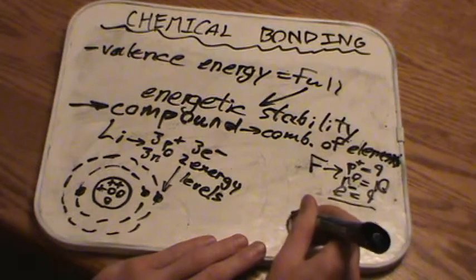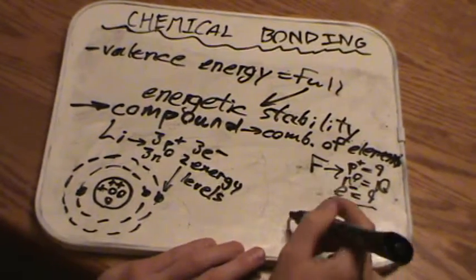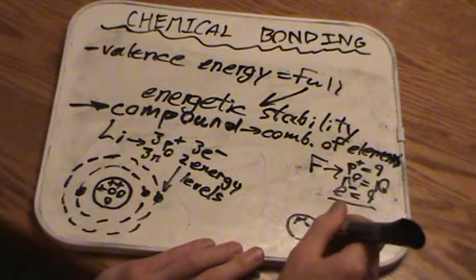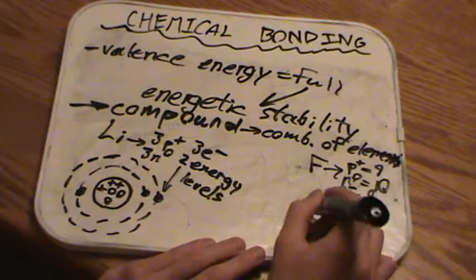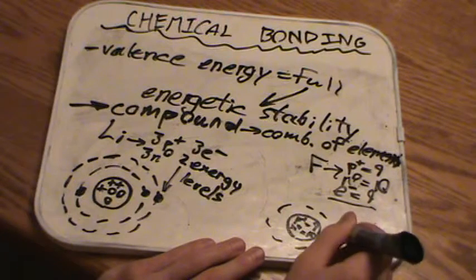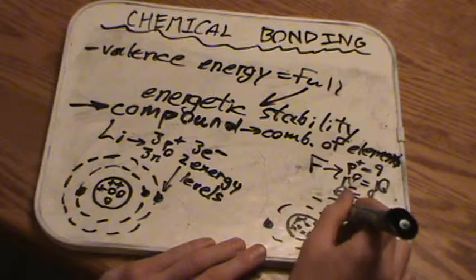atoms or elements. So this is the nucleus. We have our protons equal 9, our neutrons equal 10. And so now we're going to draw our first energy level. Again, our first energy level is going to have 2 electrons.